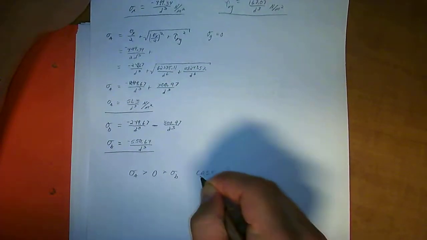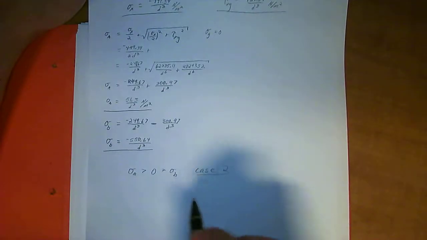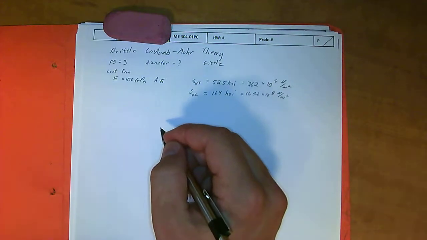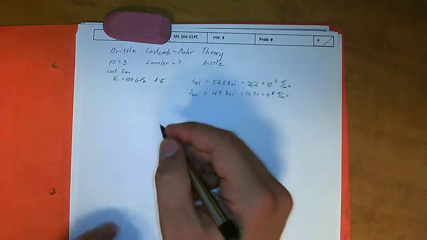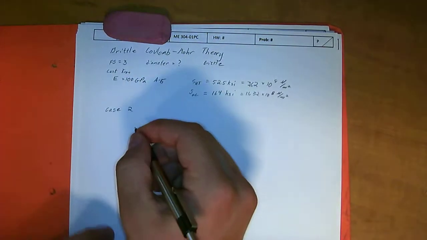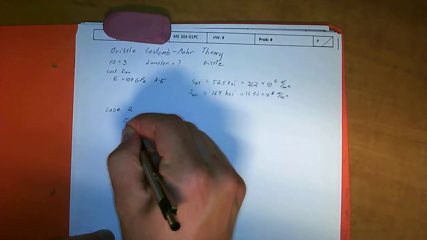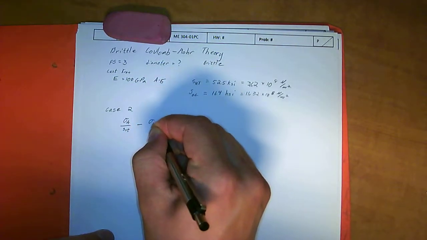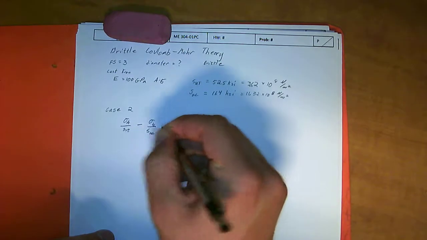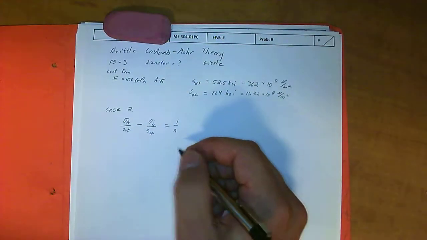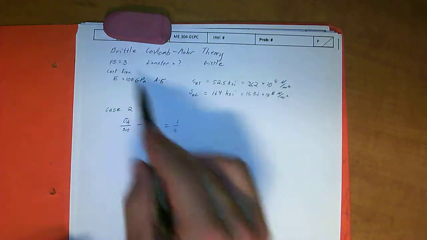In case 2, the equation is sigma A over SUT minus sigma B over SUC equals 1 over N, which is your factor of safety. I know I used FS up here, but it's interchangeable between N and FS.